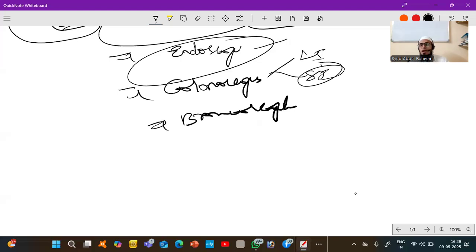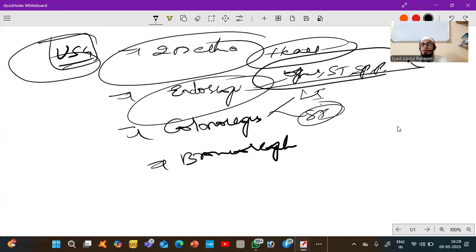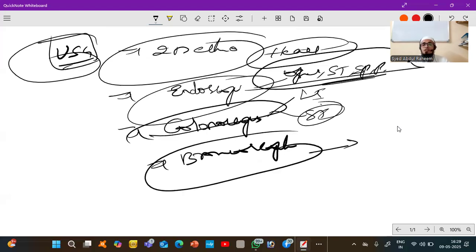In endoscopy, the upper abdomen: esophagus, stomach, spleen, pancreas. Any ulcer or related things you can see. In colonoscopy, the large intestine. Bronchoscopy, the structure of lungs, bronchus, bronchioles, trachea, etc. to be seen.